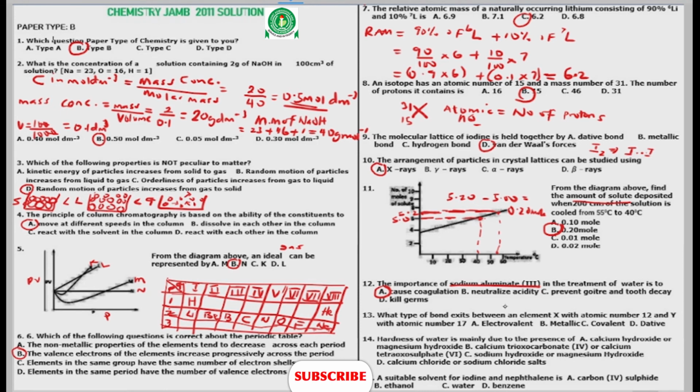Now when you write the electronic configuration, X with atomic number 12 has 2, 8, 2. Now that of Y, which is 17, is 2, 8, and 7.